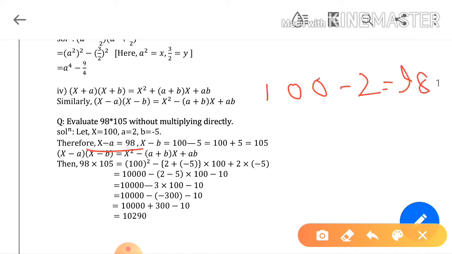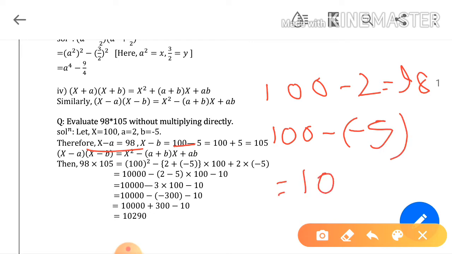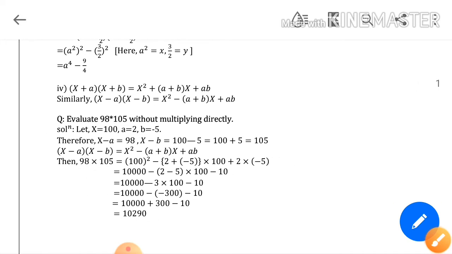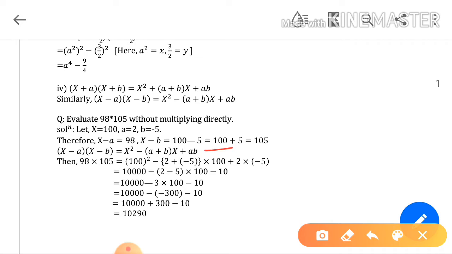Then x plus b, here will be 100 plus 5, that is 105. Now for 98 into 105, we write x square, that is 100 square, then a plus b, that is minus 2 plus 5, into x equal to 100, and then ab.